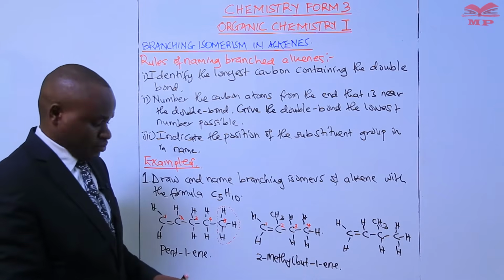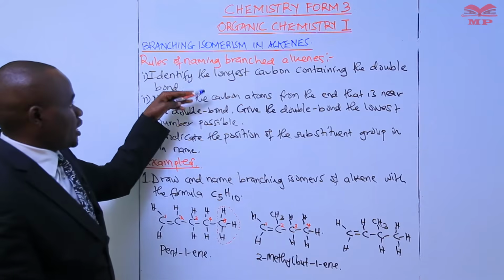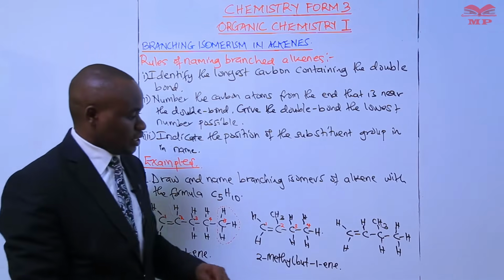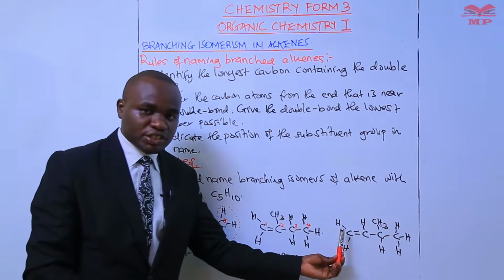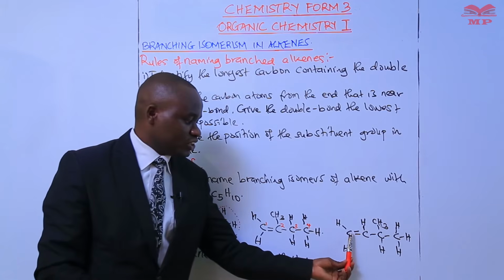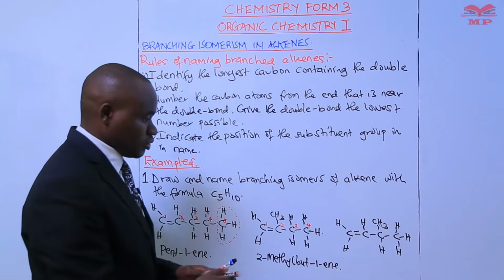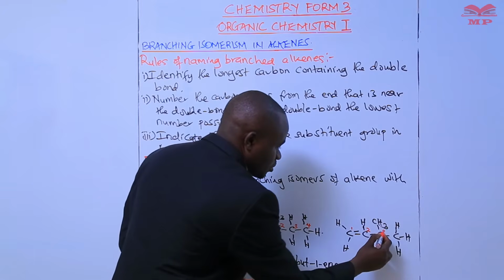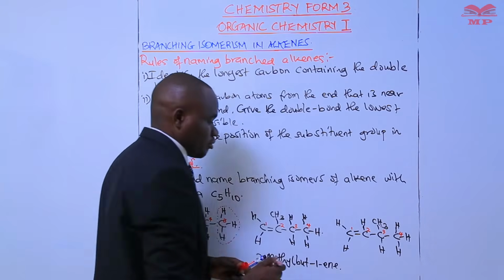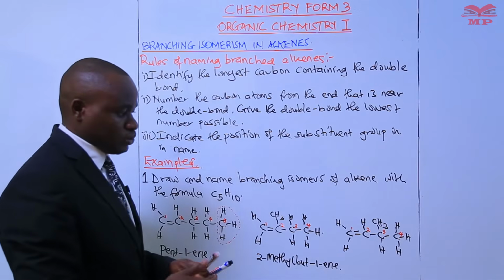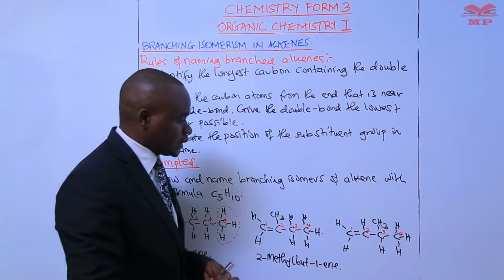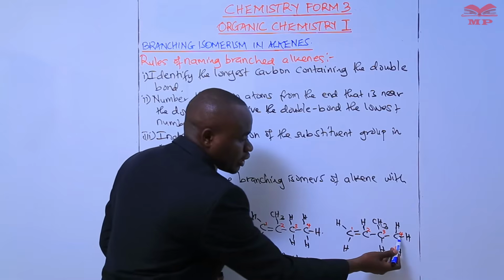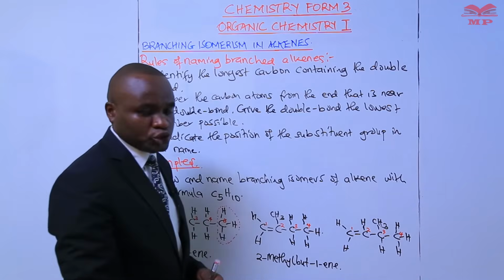Now the name, the rules are here. You number from the side that is near the double bond. So the double bond is near the left-hand side. The numbering will be the same. So this will be carbon 1, carbon 2, carbon 3, and carbon 4. After which, you should be able to give the name of the parent. The parent is having a prefix of but.